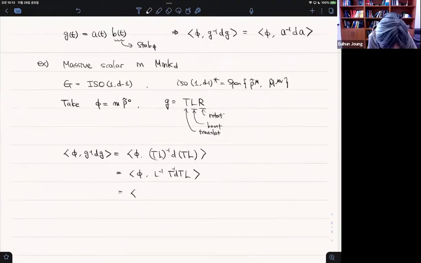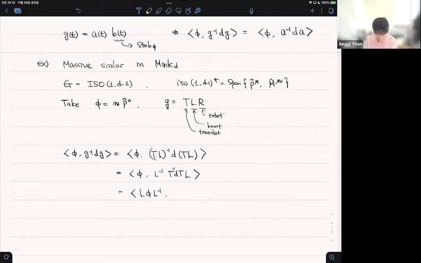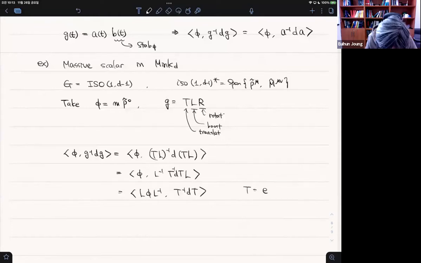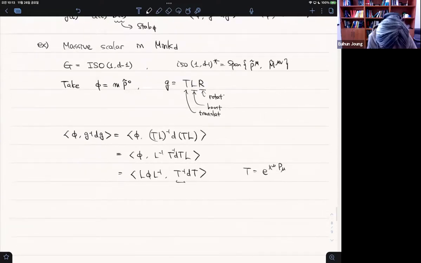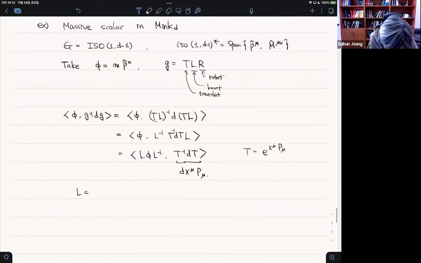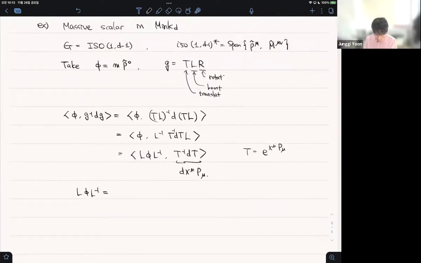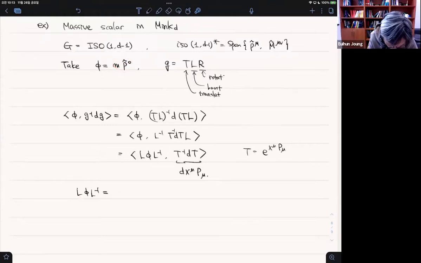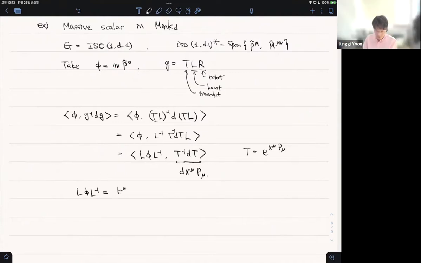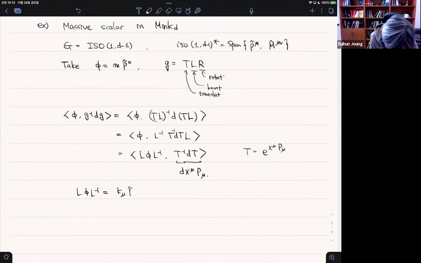And then we can put phi TL like this, and then T inverse DT. By putting T as exponential of x mu P mu, this guy is nothing but dT, x mu, P mu. On the other end, L phi L inverse means that we are boosting these guys, and then eventually we can write it down as K mu P mu, where K square equals M square.